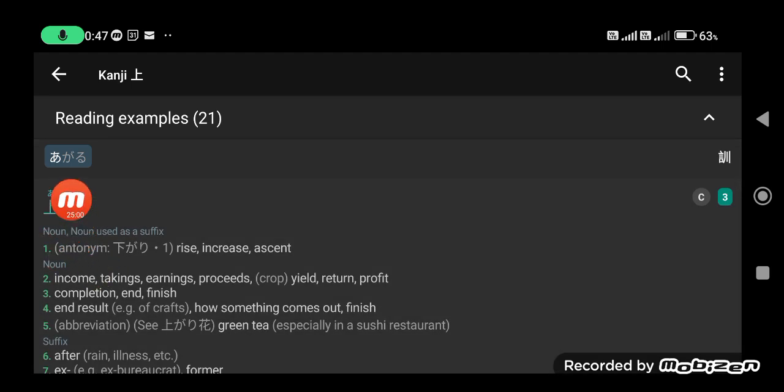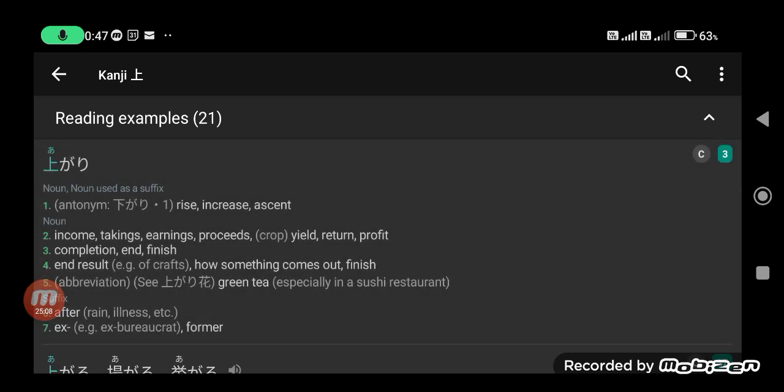So agaru, the extracted stem of agaru, agari, means to rise, increase, ascend. So income, takings, earnings, proceeds, yield. So agaru, the antonym is sagari.